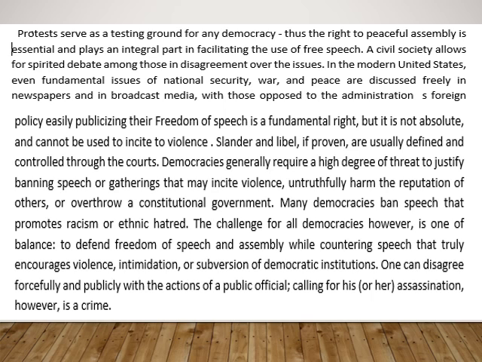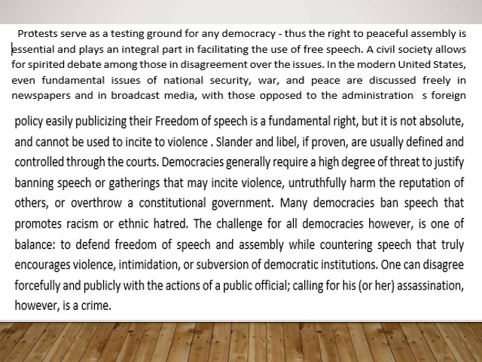That's the defense of government, using certain evidence like people attacking public property and using violence to express their ideas, and they consider this totally against the law. Standards and labels, if proven, are usually defined and controlled through the courts.